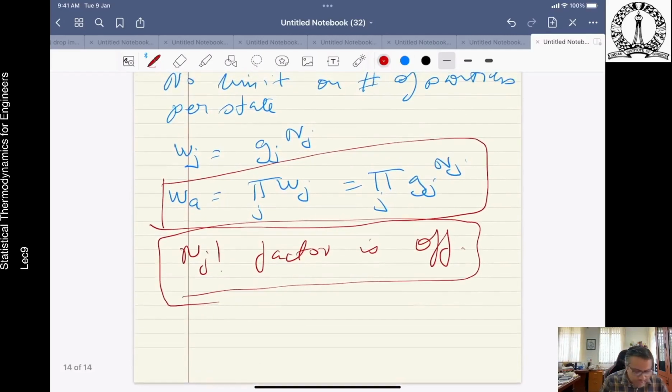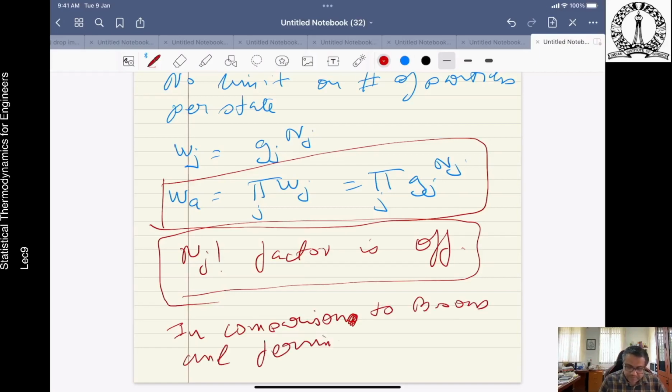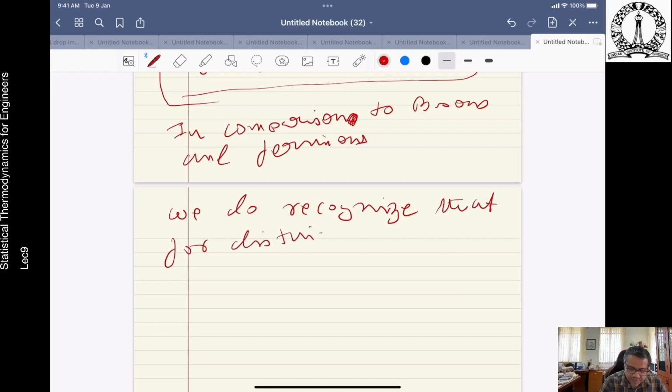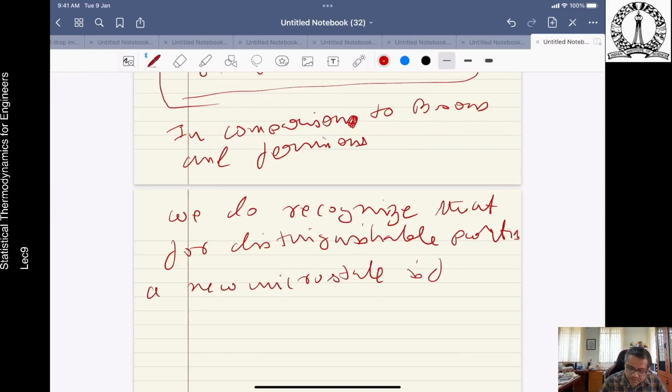In comparison to bosons and fermions, we do recognize that for distinguishable particles, a new microstate is formed when particles are exchanged.